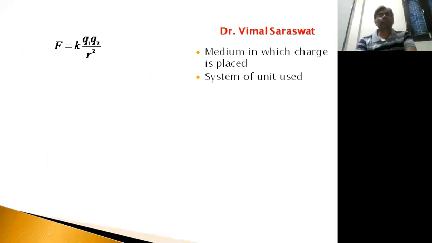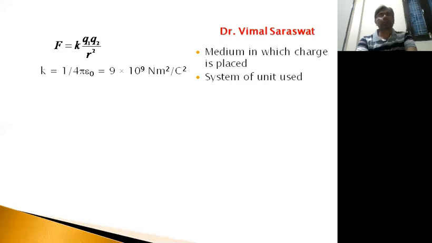If there is no medium, or Q1 and Q2 are placed in vacuum, or the medium between Q1 and Q2 is vacuum, then K equals 1 upon 4 pi epsilon naught equals 9 into 10 raised to power 9 Newton meter square per Coulomb square.